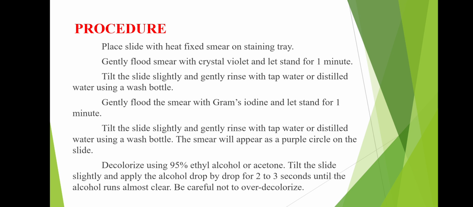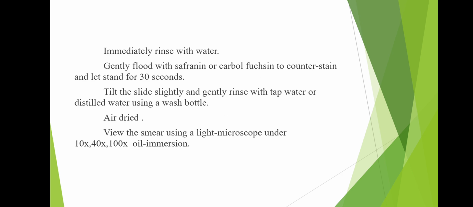Tilt the slide slightly and apply the alcohol drop by drop for 2 to 3 seconds until the alcohol runs almost clear. Be careful not to over decolorize. Immediately rinse with water and gently flood with safranin or carbol fuchsin. It is a counterstain. It is cationic in nature. Let it stand for 30 seconds.